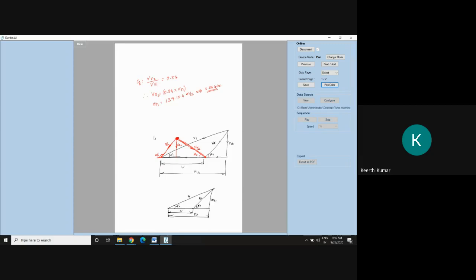There is no doubt in the inlet, only in the outlet. I will show it in a different color. From this point, we started beta 2. So let me draw beta 2. This is beta 2. And VR2 here was somewhat a bigger value, so VR2 went outside. In the bottom figure, the length of VR2 is somewhat bigger.